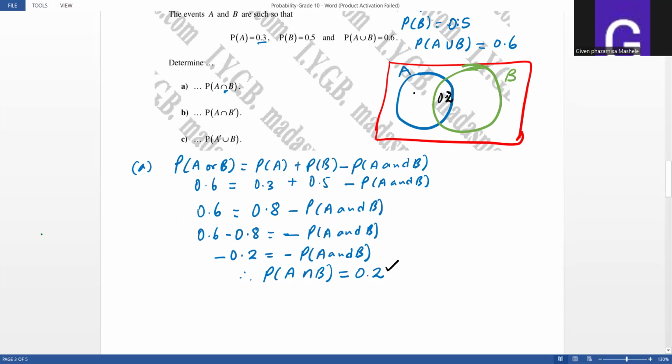And now, guys, what is the probability of the whole of A? The probability of the whole of A is 0.3. So it means this area here should add up to 0.3.